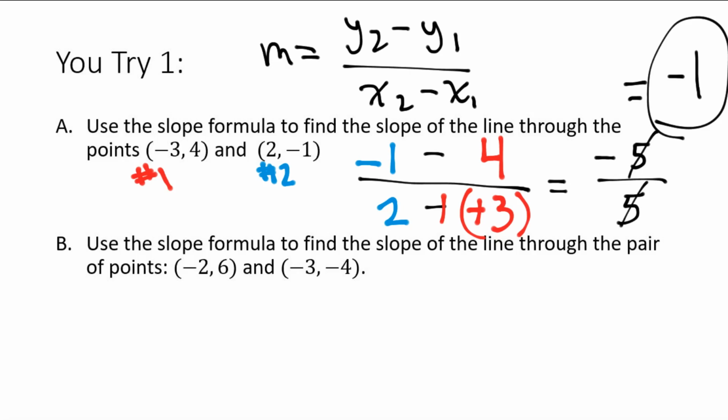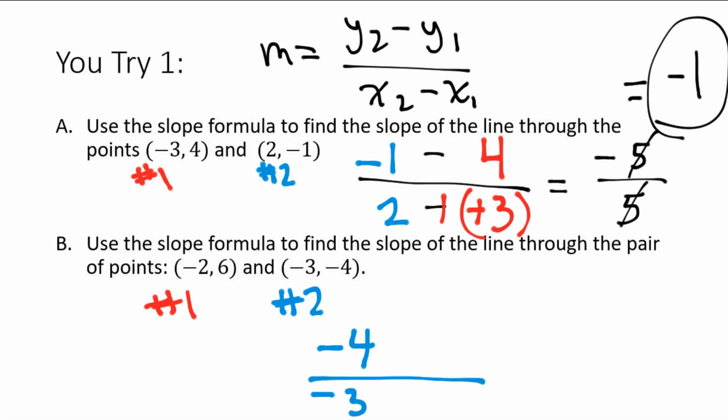Then I'm going to have this point be my number 1, this point be my number 2, and y2 minus y1. So I'm going to say that negative 4 will be over, my x value for that is negative 3, minus my y value here is 6, my x value here is negative 2.